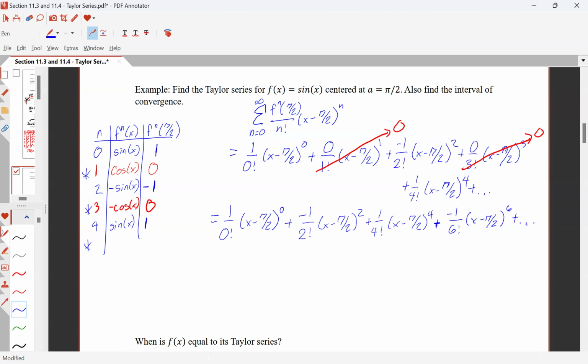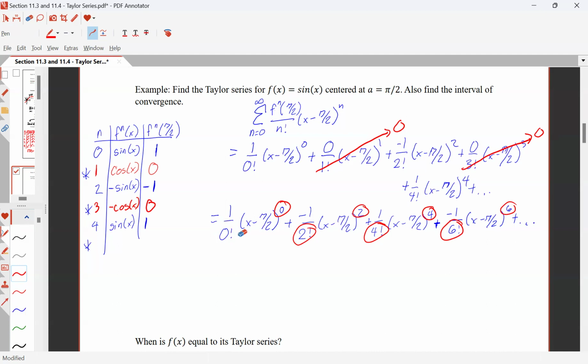We're getting these even terms where all of the exponents are even and all of the factorials are the even factorials. I would really like to be able to write a series that only picks out those even parts.